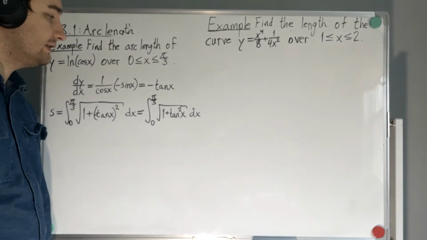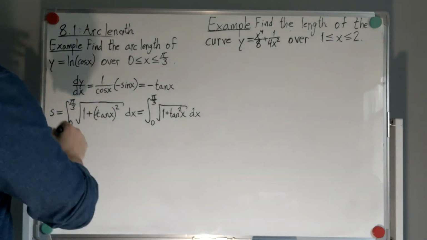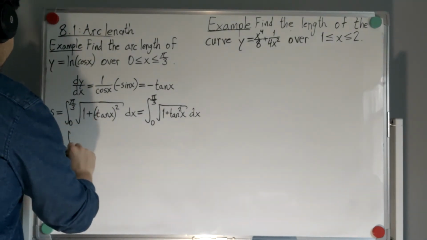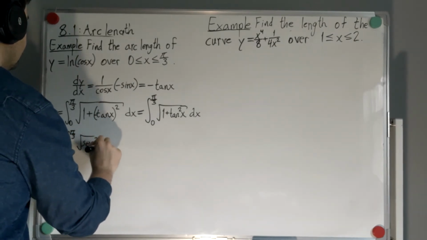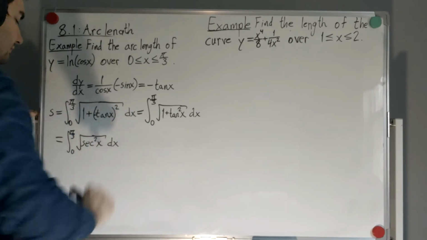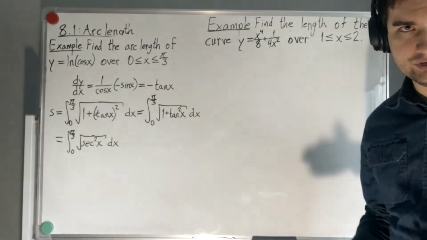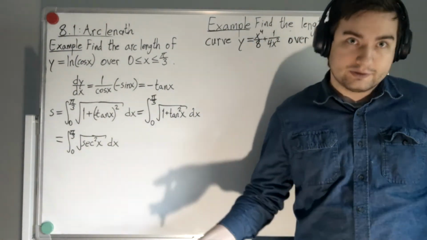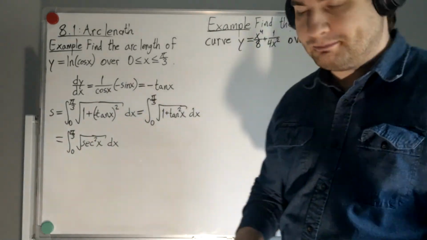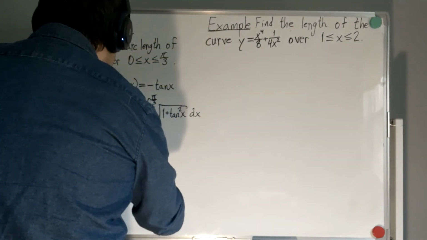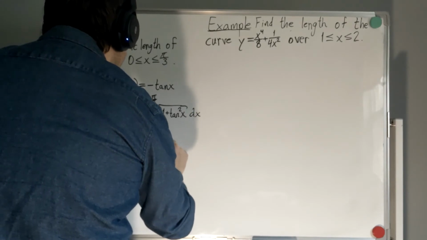It so happens that 1 plus tangent squared x is secant squared x. So this is the integral from 0 to pi over 3, square root of secant squared x dx. Now, strictly speaking, the square root and the square can't necessarily cancel each other because you'll have to say the absolute value of secant x, but secant x happens to be positive over this interval, so we don't even have to worry about that. So this is just the integral from 0 to pi over 3, secant x.